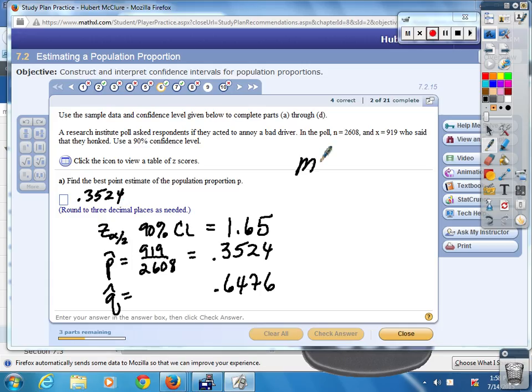So margin of error is equal to, and now we're going to take our z-score at 1.65 and multiply that by the square root of 0.3524 times 0.6476, divided by 2608.